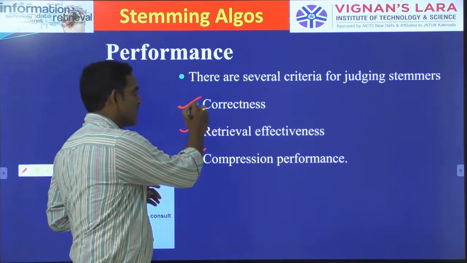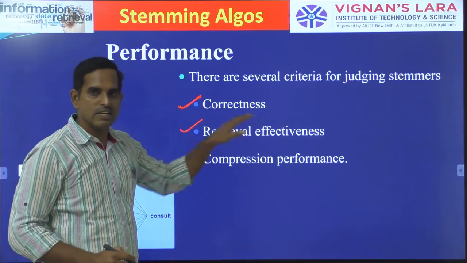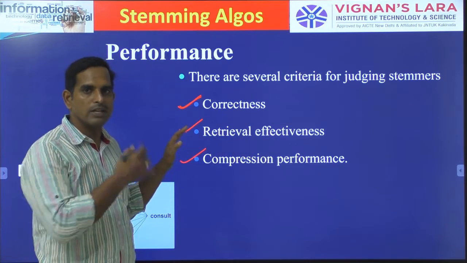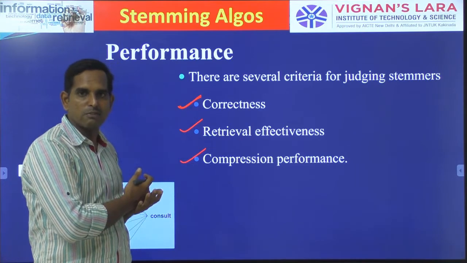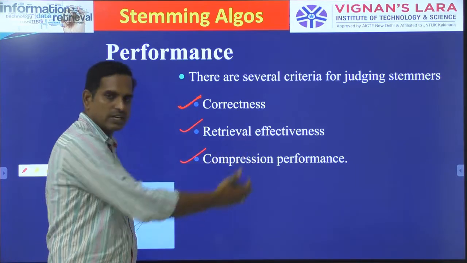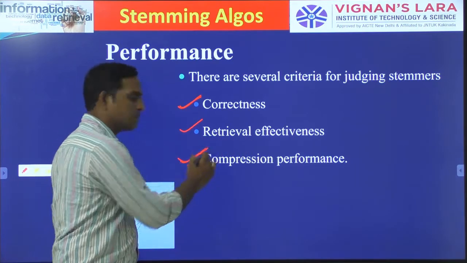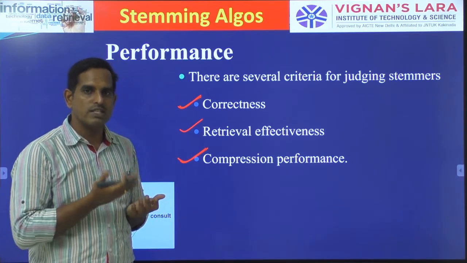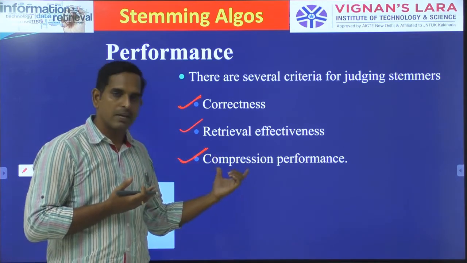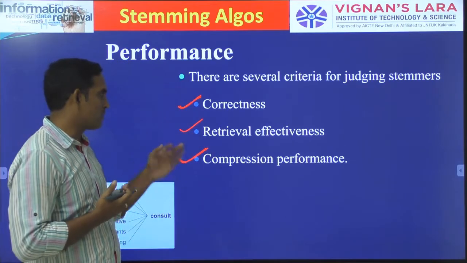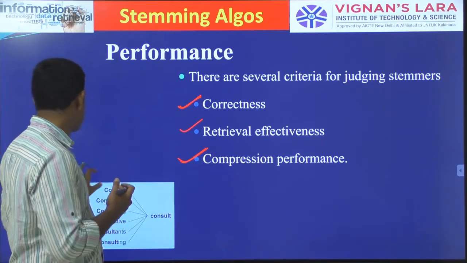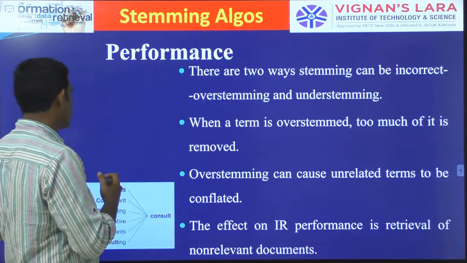The second is retrieval effectiveness: how many retrievals you get from your information retrieval system. Compression performance is how much your original index is compressed by using your stemming algorithms. We will look at the issues regarding these.